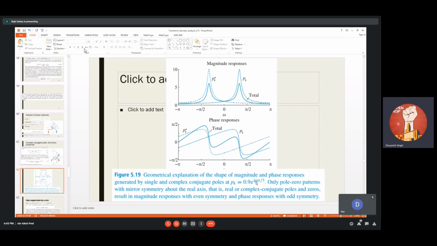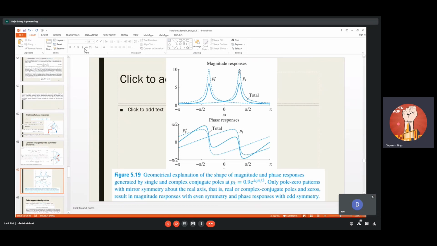If it is 0.9 into e to the power plus j pi by 3, then this is the magnitude response. Can you see my cursor? All of you can see my cursor, right? Yes. This dotted curve is the magnitude response for 0.9 into e to the power plus j pi by 3. So the peak is occurring at pi by 3 here.